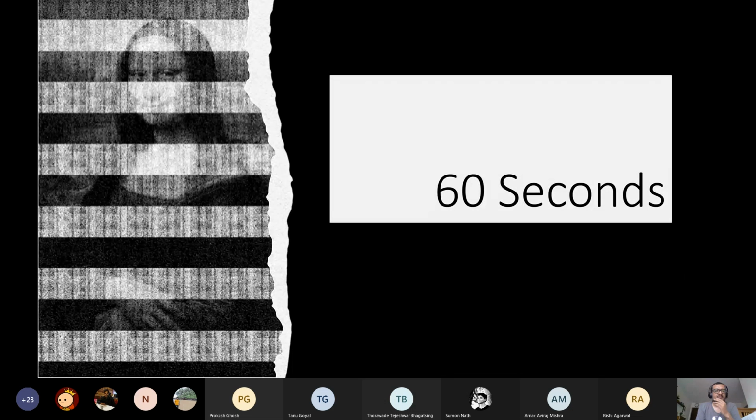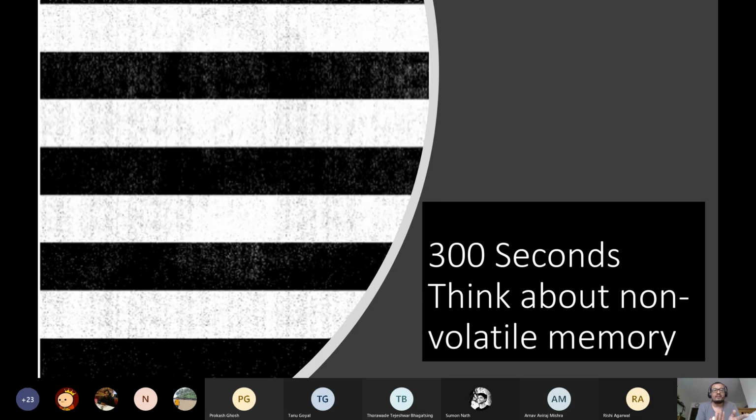Even after 60 seconds, you can guess that, okay, this is the image, right? It becomes worse after 5 minutes. Okay, but 5 minutes is actually, if I have to put it from the security point of view, that for 5 minutes your memory is vulnerable, then think about the data that is stored in big organizations, right?